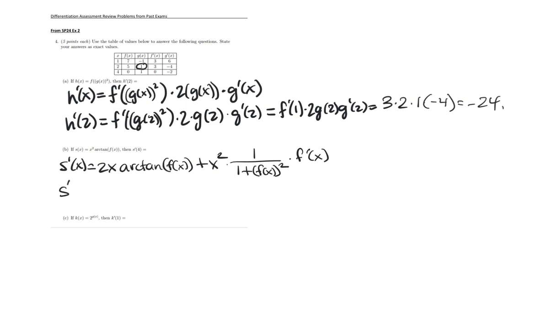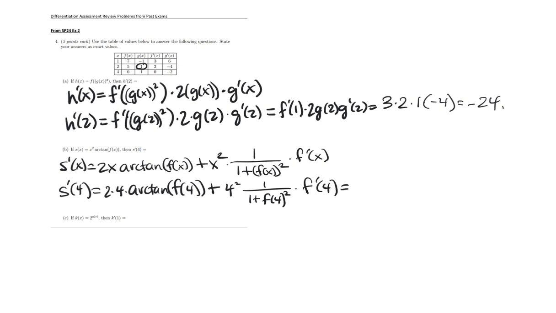So s prime of 4 is going to be, well, I'm going to plug 4 in for x. So it'll be 2 times 4 times arctan of f of 4 plus 4 squared, 1 over 1 plus f of 4 squared, times f prime of 4. Okay, so let's sort that all out. So f of 4 is 0.